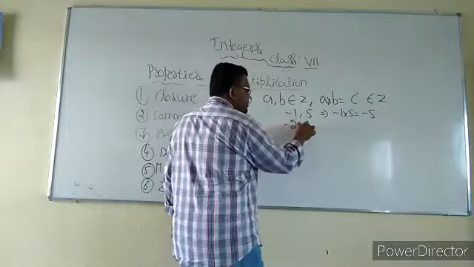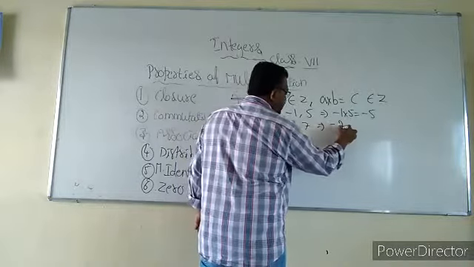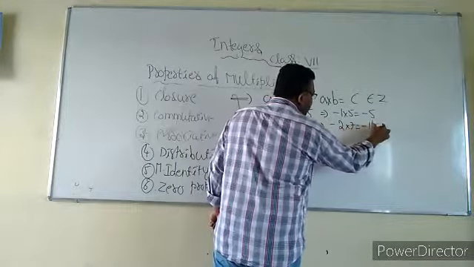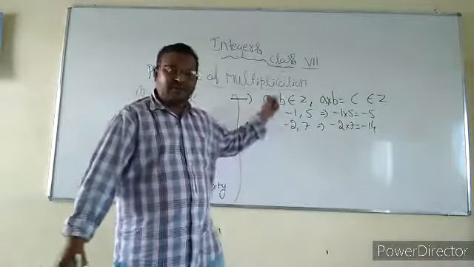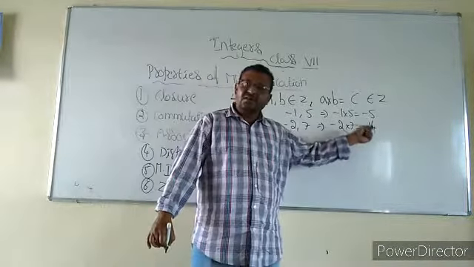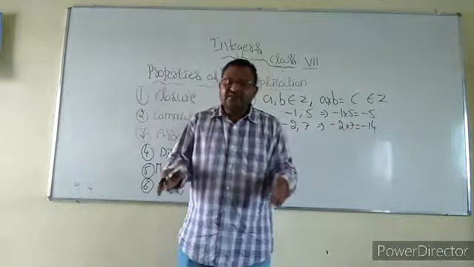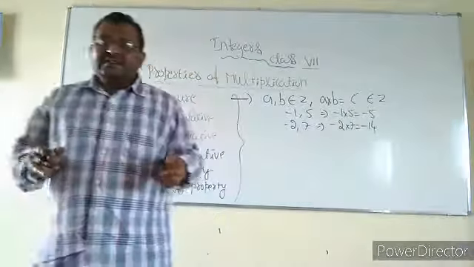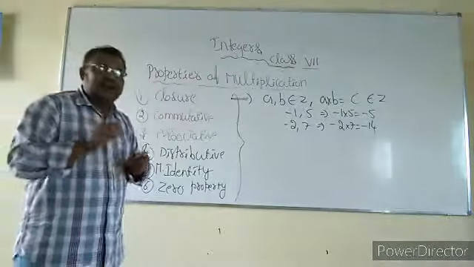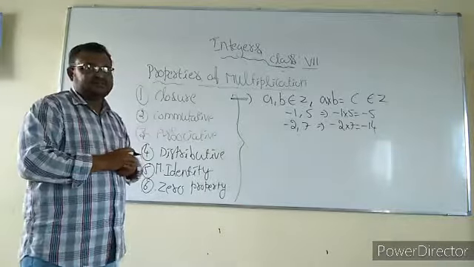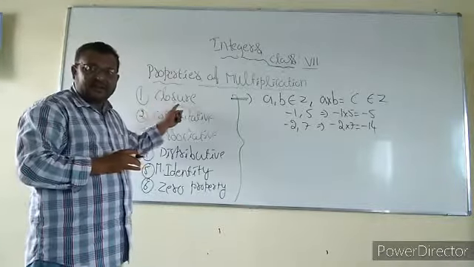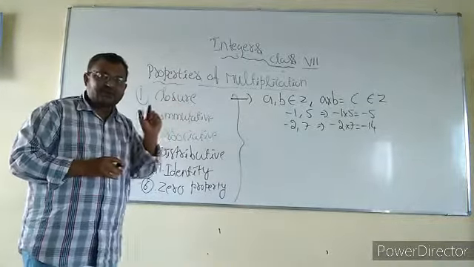Take -2 into 7, multiply -2 into 7, -14. So whatever product comes is also an integer only. So we can say integers are closed under multiplication. So under multiplication, closure property is true.